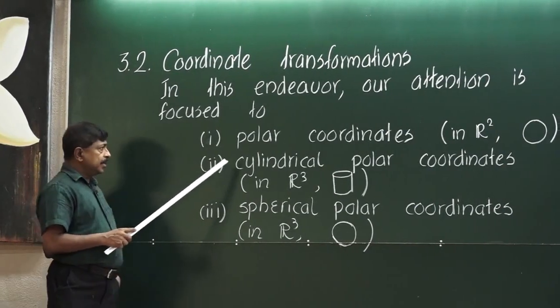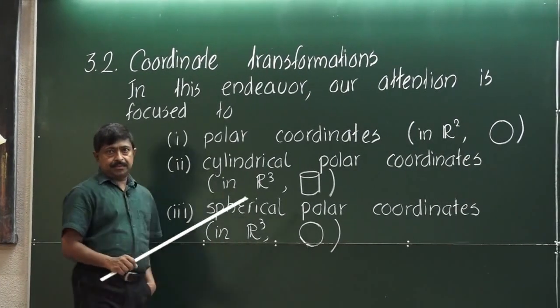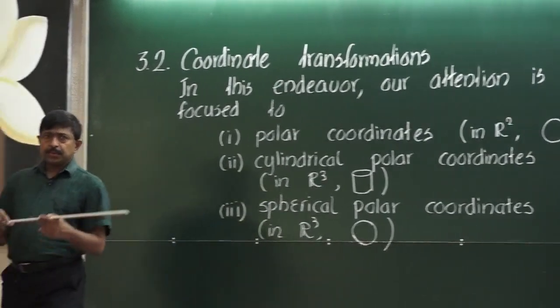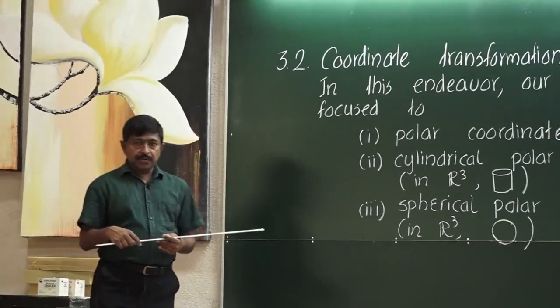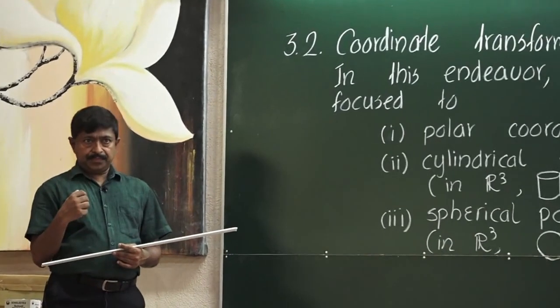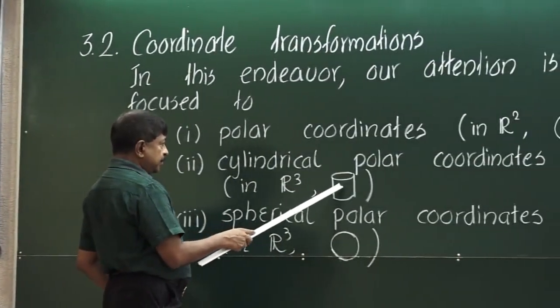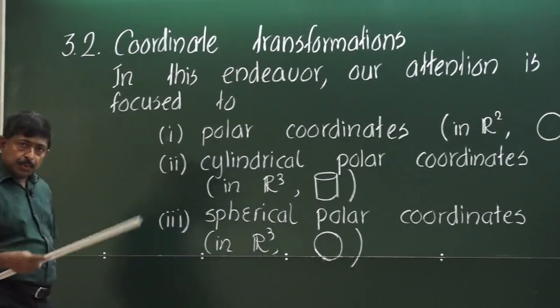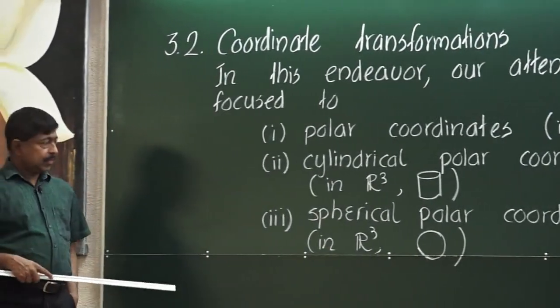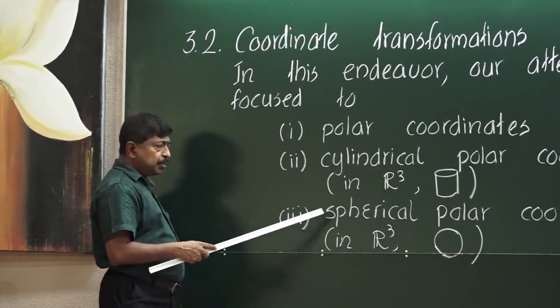The second one is cylindrical polar coordinates. Cylindrical polar coordinates are used when you are in R3 and the domain of integration is something like a cylinder or a portion of a cylinder. The third, spherical polar coordinates.